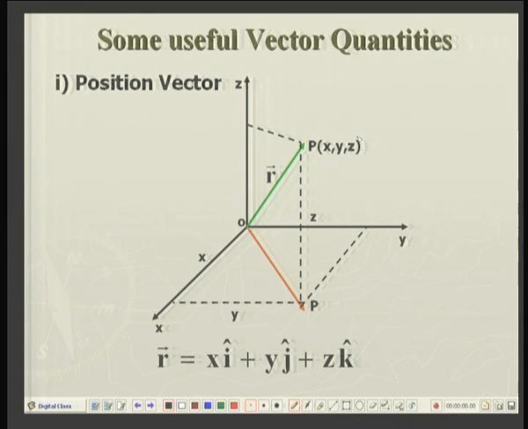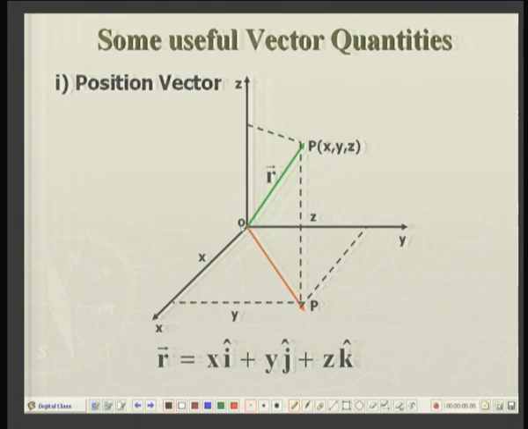Then the position of this point P with respect to the origin of the coordinate system is defined like this. You join this O with point P, then the vector, both in magnitude and direction, is called the position vector.